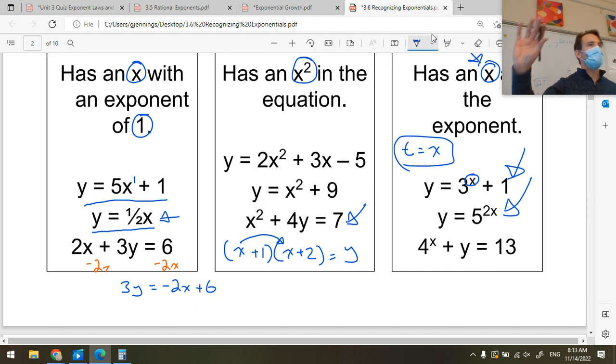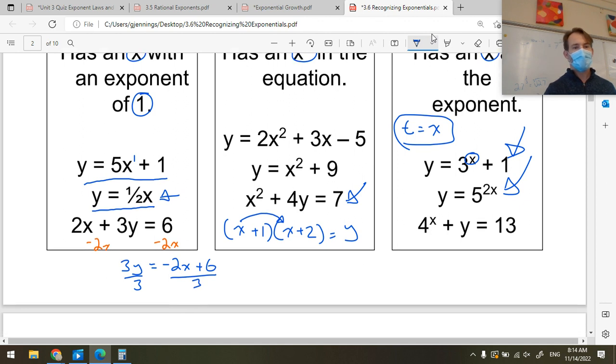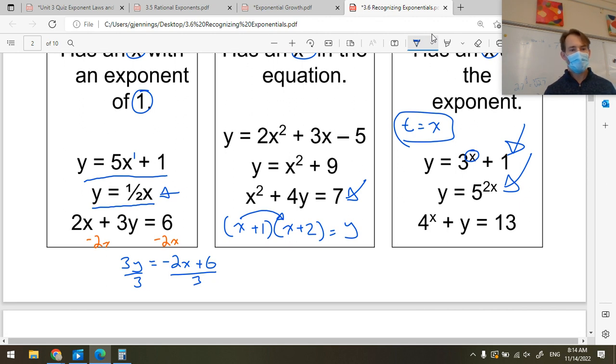You can move those very easily from one side of the equation to the other prior to working on multiplication and division, prior to working on exponents, prior to working on stuff inside the brackets. So first I move that 2x because it's being added to 3y, and then I'm going to divide away that 3. So first do the addition and subtraction, and then do the multiplication and division.